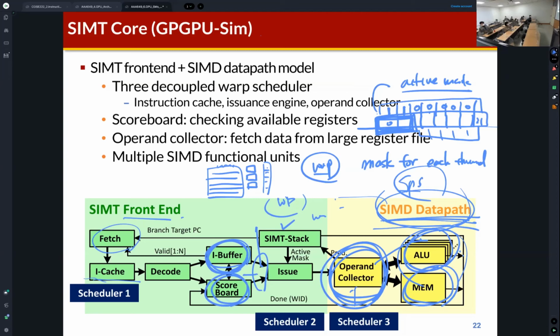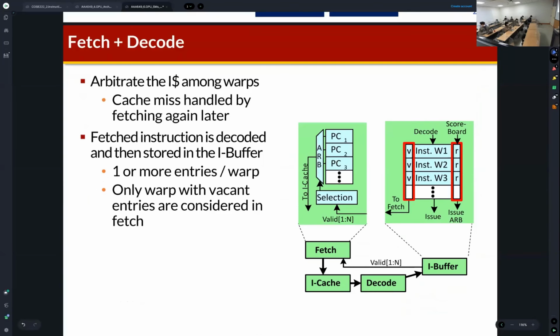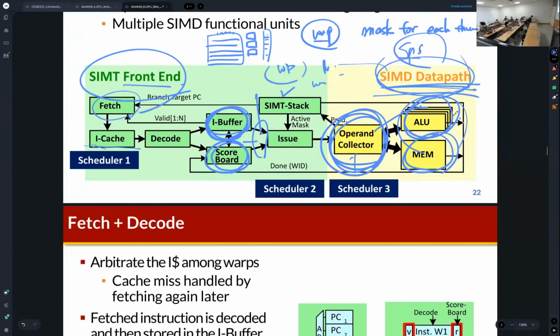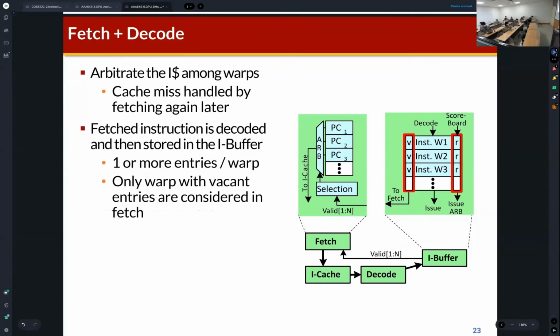The SIMD data path is relatively simple, actually very simple, so we don't need to study the SIMD data path in the GPU architecture. But the SIMT front end is a little bit tricky, so try to understand. I will explain the detailed components of the GPU SIMT front end.